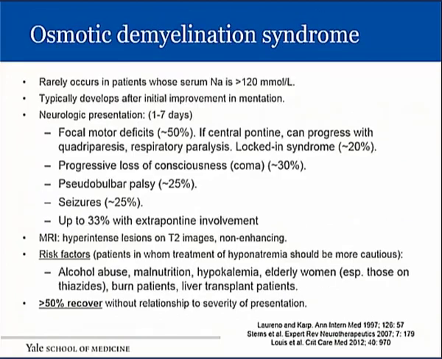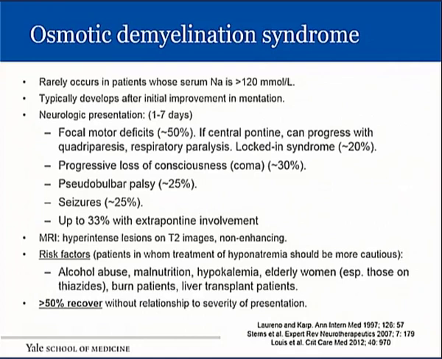So what about osmotic demyelination? Osmotic demyelination is the syndrome that we all worry about from overcorrection of hyponatremia. It's a syndrome of patients with severe hyponatremia and other risk factors. It rarely occurs in patients who have sodiums above 120.